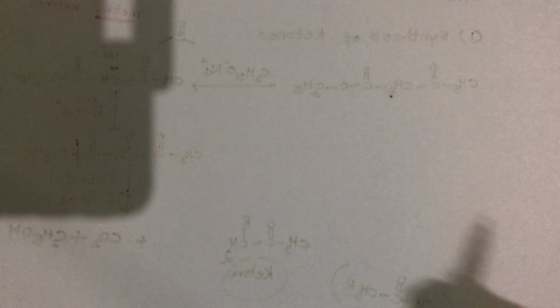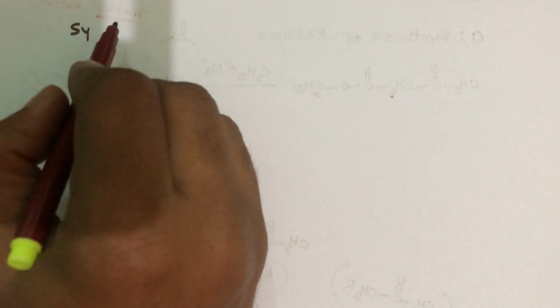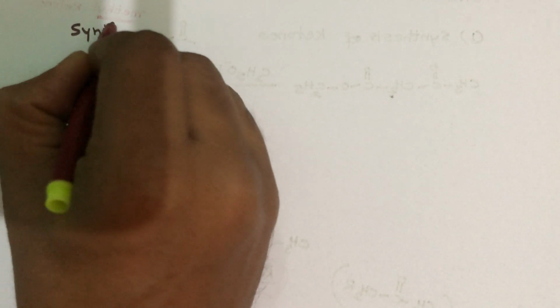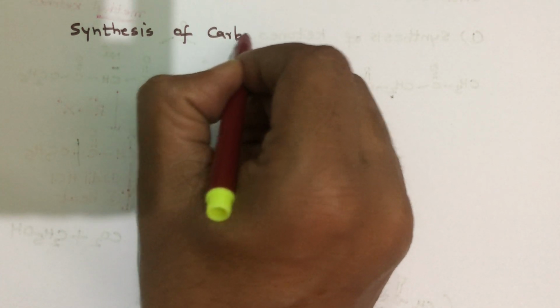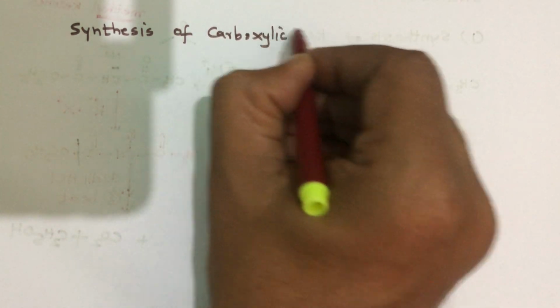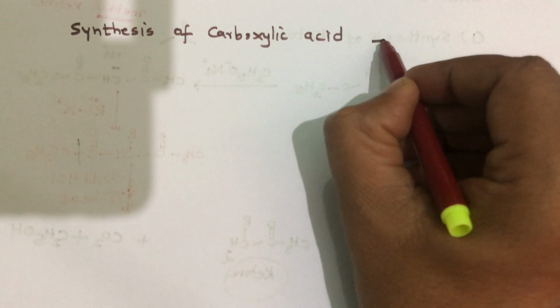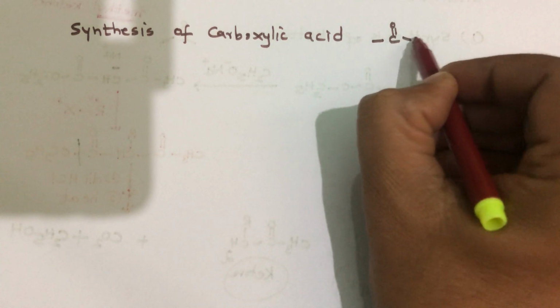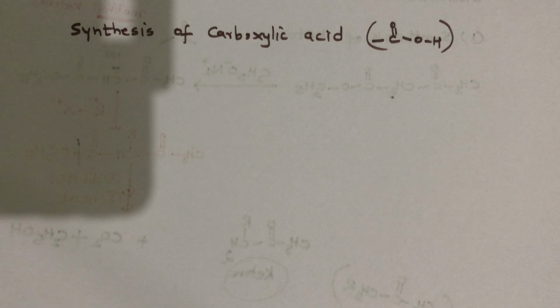So what is done here is acid hydrolysis, the synthesis of carboxylic acid. Hope you know what carboxylic acids are. Carboxylic acids are the compounds that contain the C double bond O, OH group.